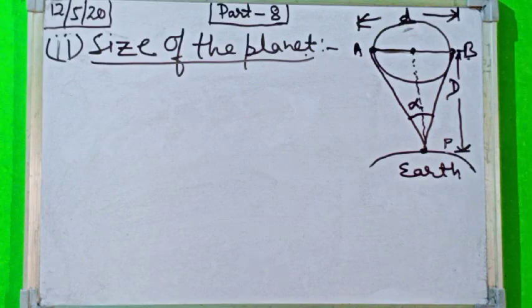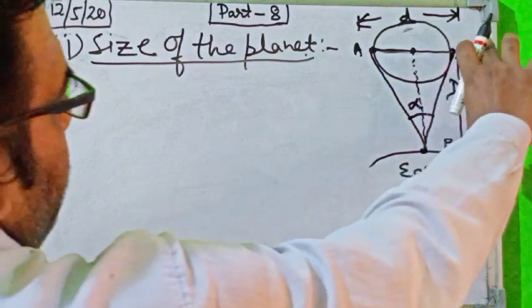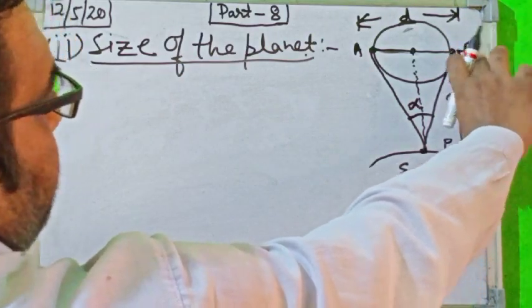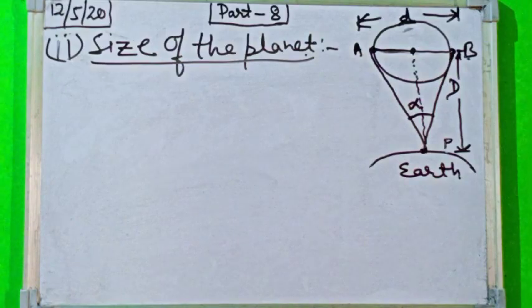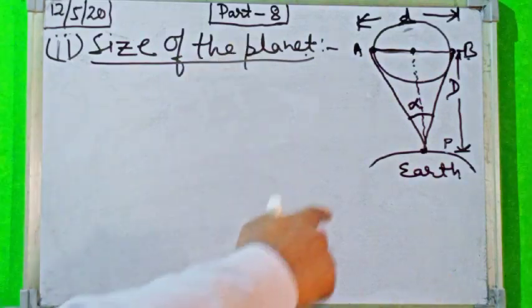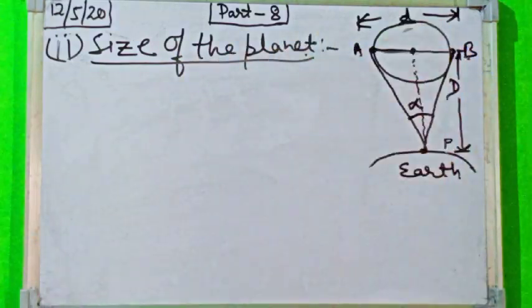Now what things do we know here? From the previous calculation, we have the separation of the planet from the surface of the earth, that is capital D, and we can easily measure the angle between the two lines of sight, that is alpha.